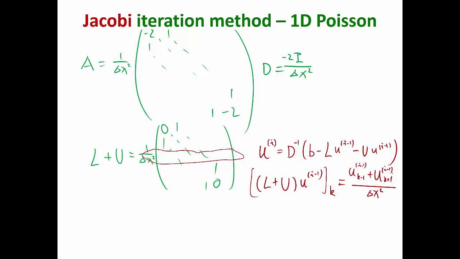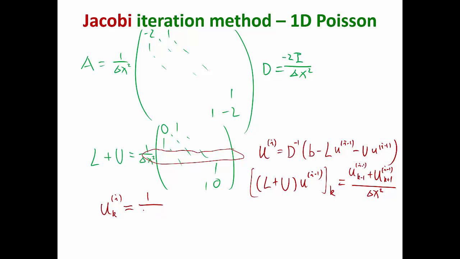And then once we know this, we can write down what is the U i of k. It is equal to, first of all, the D inverse, which is just 1 over the diagonal entries of D, which is minus 2 over delta x squared.